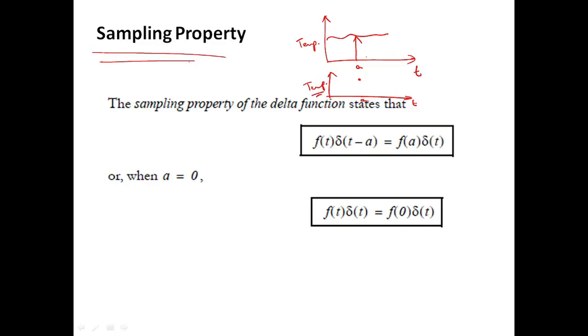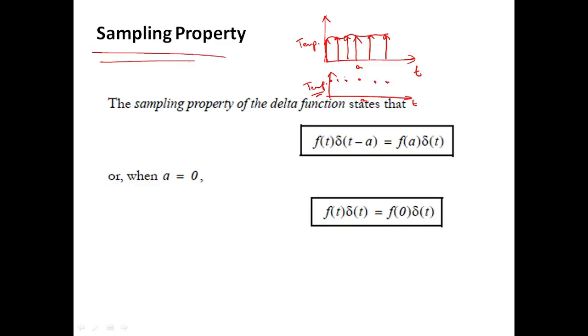When we talk about an impulse train, then at discrete times you will have these amplitudes like this.